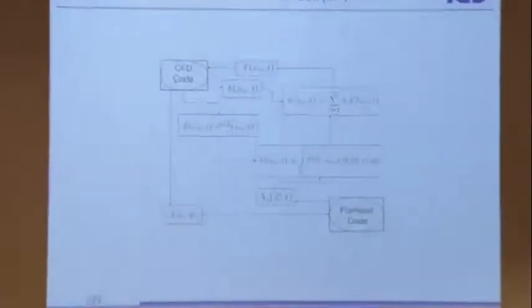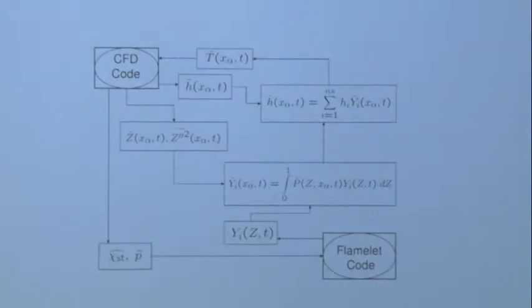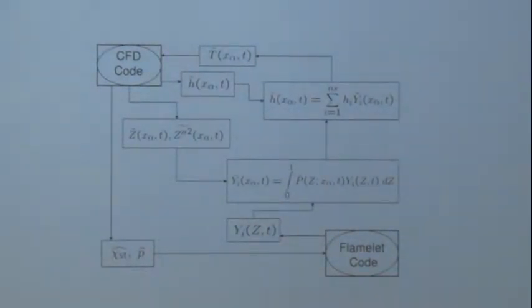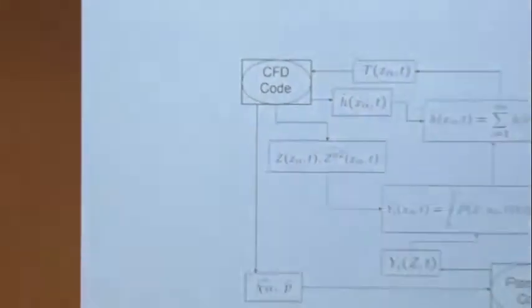Here's the trick. The mass fractions, actually, they don't depend very strongly on the temperature. Actually, you can change the temperature, or let's say you change the energy level, which changes the temperature, quite a bit without changing the mass fractions. So that's why we compute from the flamelet code.